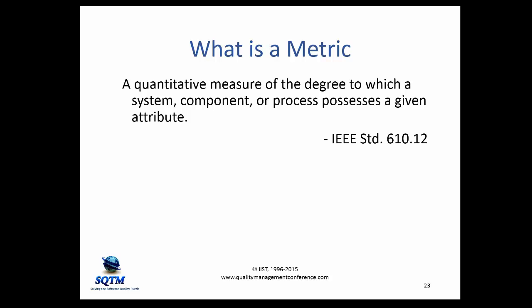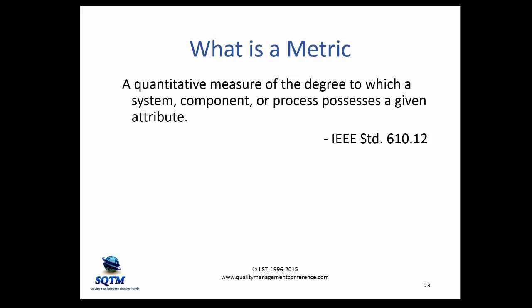People a lot of times confuse the terms metric and measures. Let's solve that problem right now. So what's a metric? It's a quantitative measure of the degree to which a system, component, or process possesses a given attribute.